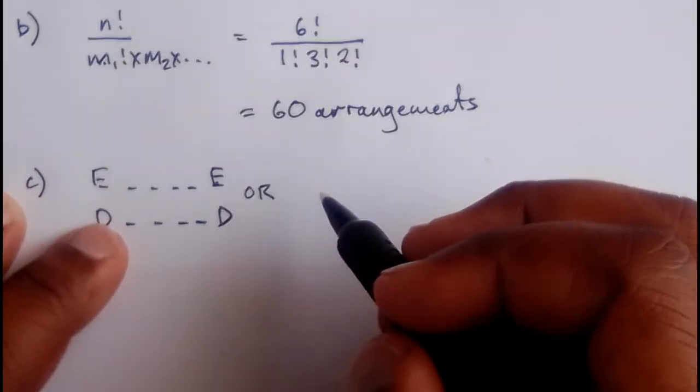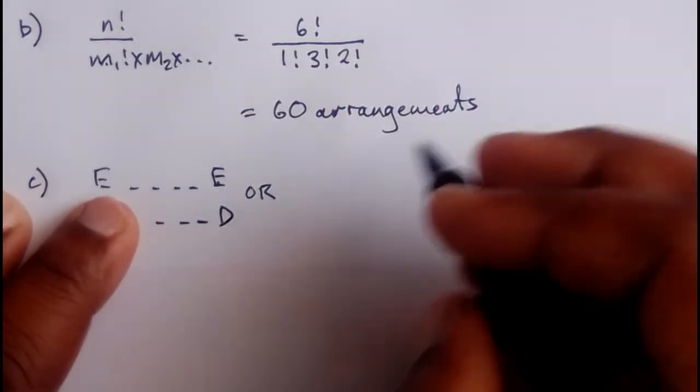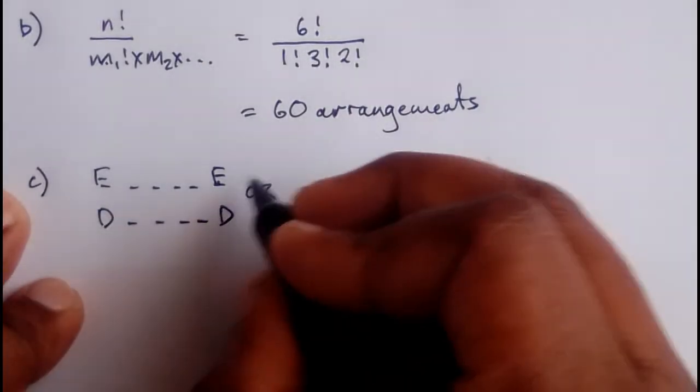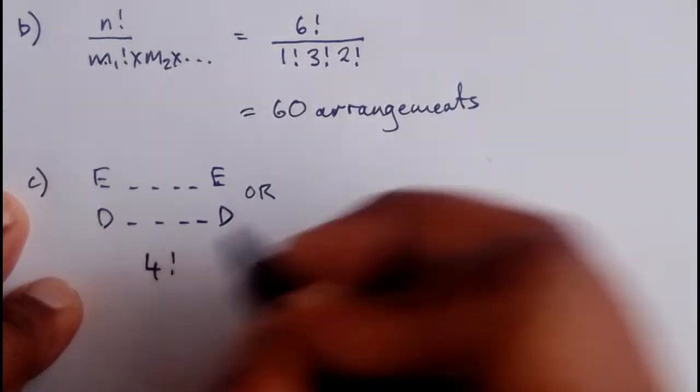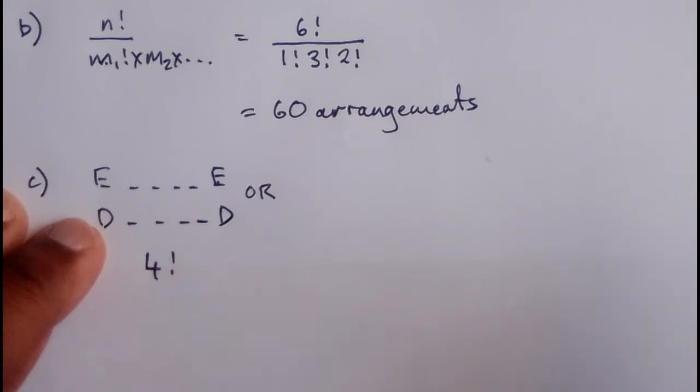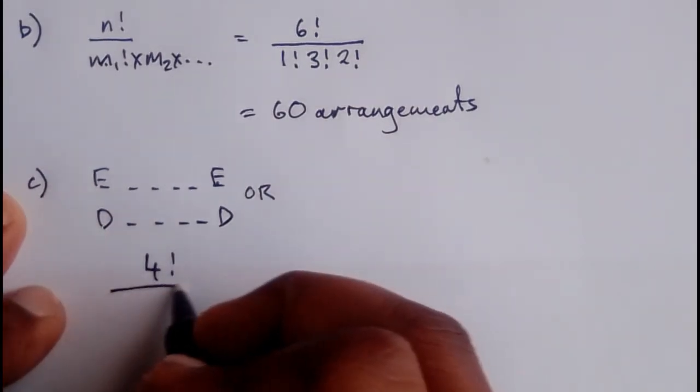So in the first arrangement, we're going to have 4 factorial. Why 4? Because the 2 letters I've taken out already, so I can only work with 4 letters.